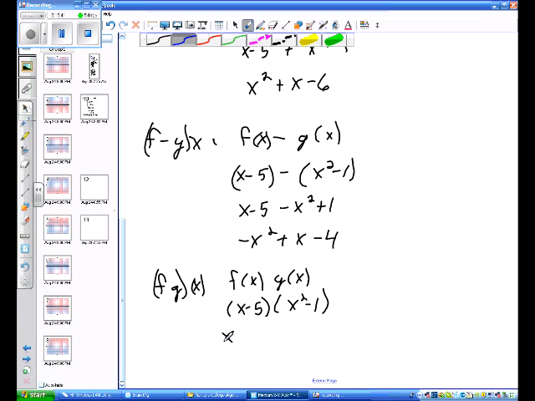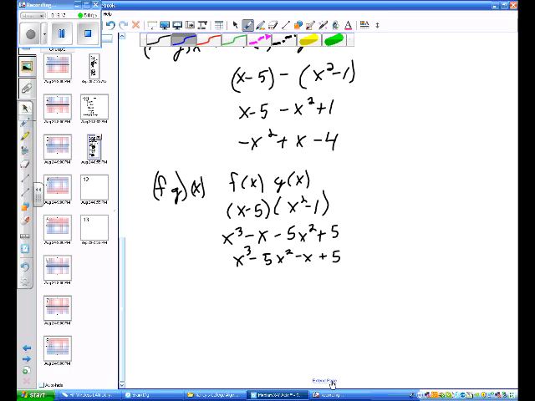So we will have x cubed, then x times negative 1, negative x, negative 5x squared, plus negative 5 times negative 1 is positive 5. If we rearrange this so that it's in descending order, then we would have x cubed minus 5x squared minus x plus 5. And again, our domain would still be from negative infinity to positive infinity.